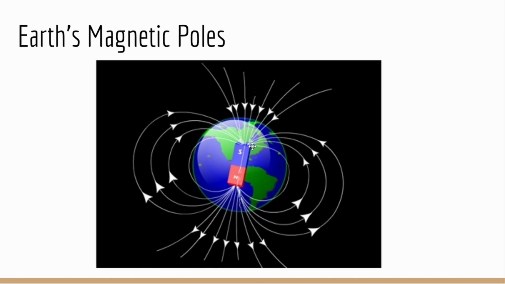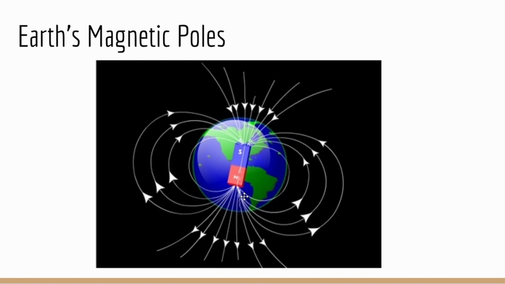When we have a compass that points north, you can think of the compass as a bar magnet too, and the end that points north is actually our North Pole. That North Pole of our compass is going to be attracted to the South Pole of the Earth, right? So if you're standing right here in Brazil and you use your compass, north is going to be pointed straight up this way to the South Pole of Earth.